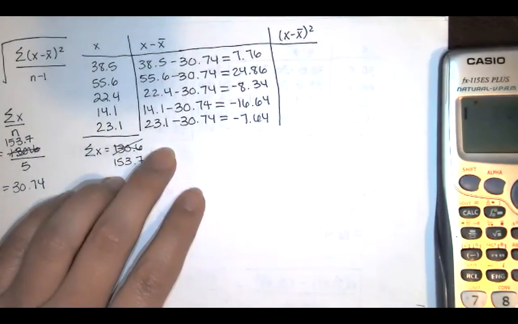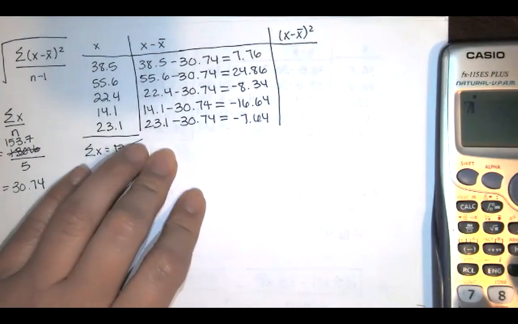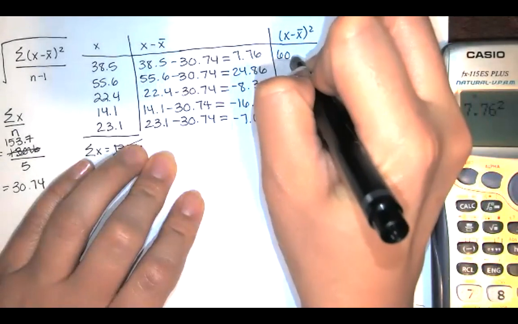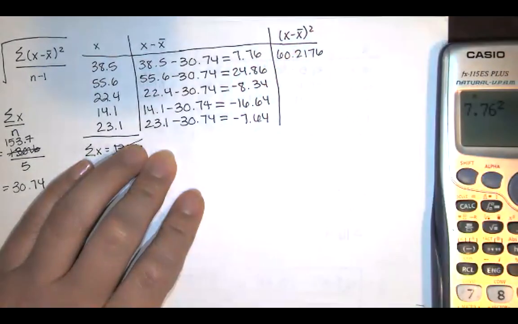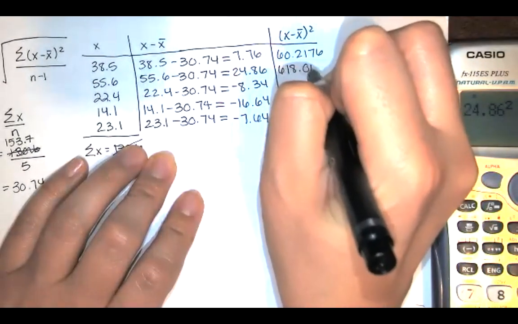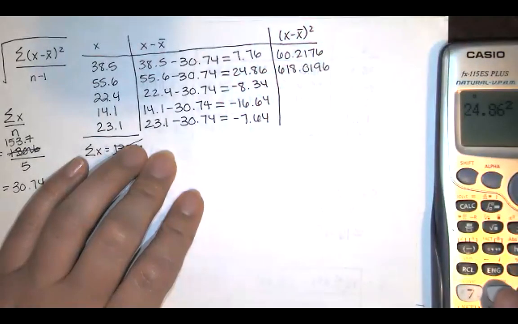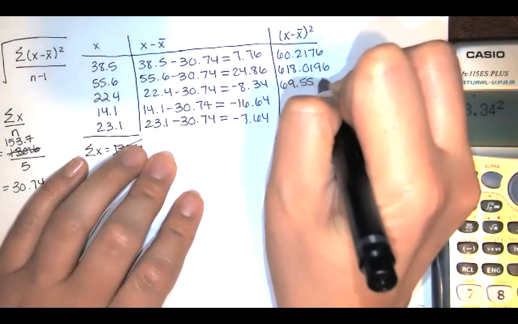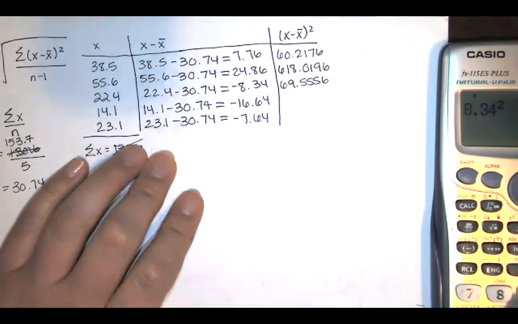So let's square them. I'm doing all this on my calculator over here. Again, this is easier in Excel. And a negative number squared is the same as that same number positive and squared, because a negative times a negative is a positive.